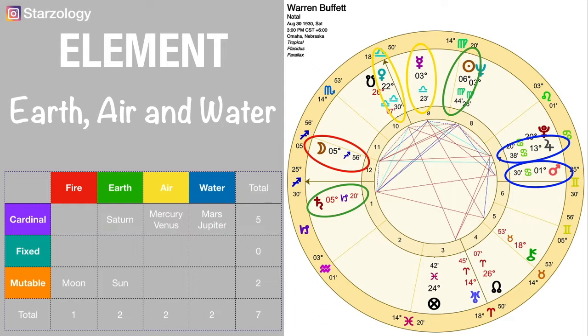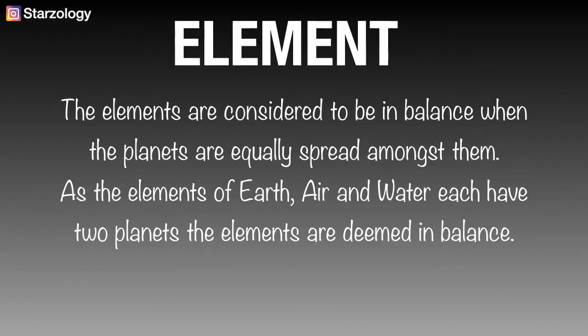And finally we have the 2 water planets, which are Mars and Jupiter in Cancer, and they are in blue. So there's your totals running across the bottom: 1 fire, 2 earth, 2 air, and 2 water. This is what we would consider balanced: the elements are considered to be in balance when the planets are equally spread amongst them.